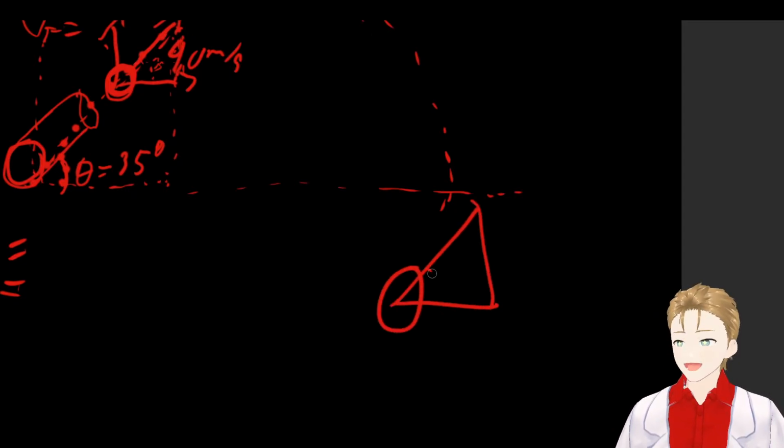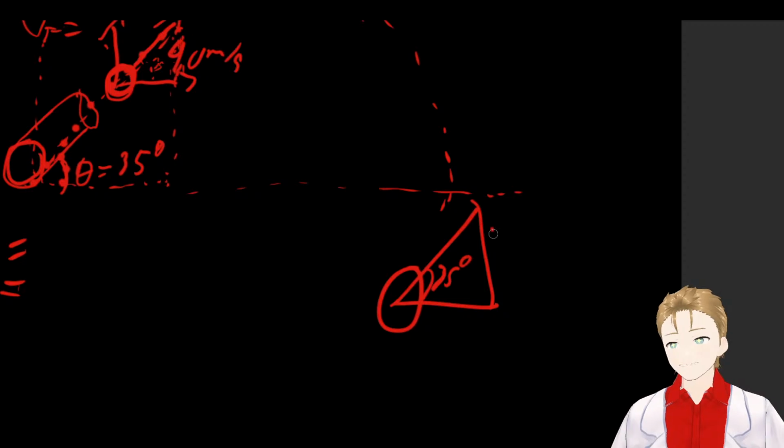It's not just a triangle. There are so many triangles. But since this is the beginning, there's also a 35-degree angle there. If I throw the ball, it would still be a 35-degree angle.